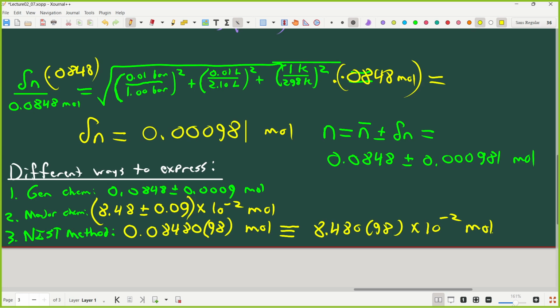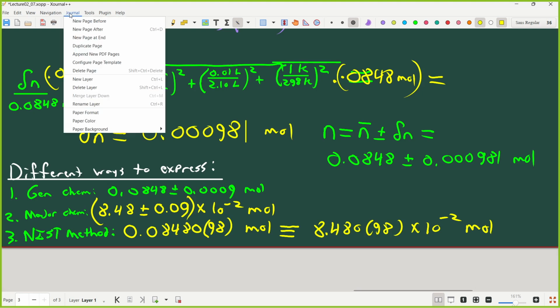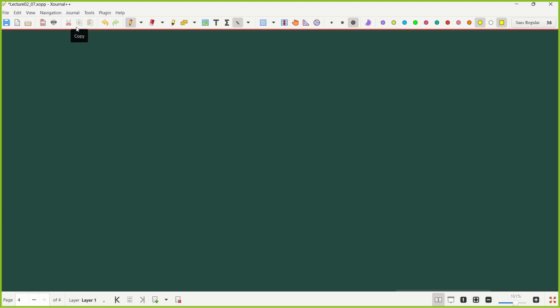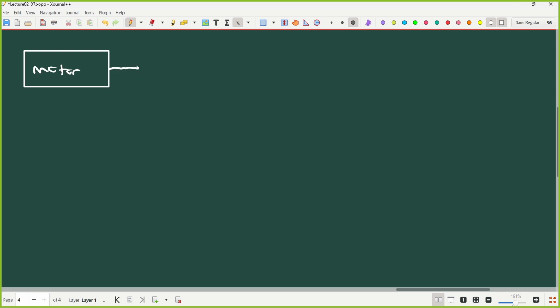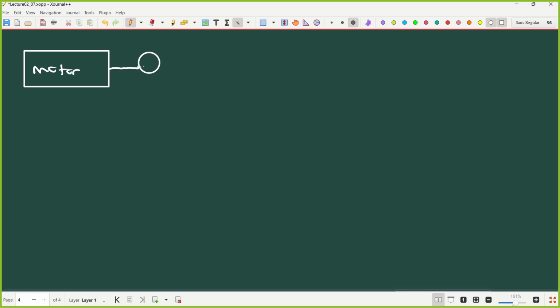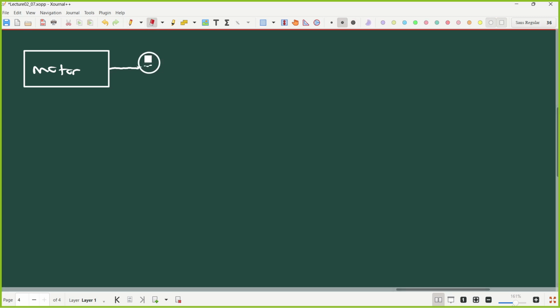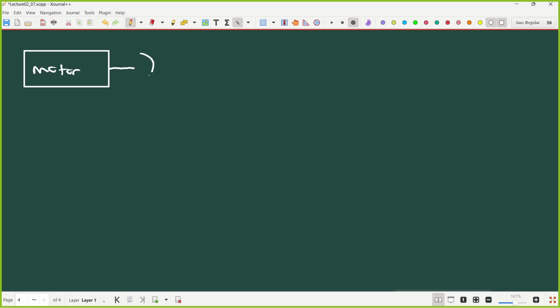Okay, I like this problem in the book. All right, it's a little bit of a physics problem, but I think it's relevant. So let's say, for instance, we have a motor, an electric motor that drives a pulley.